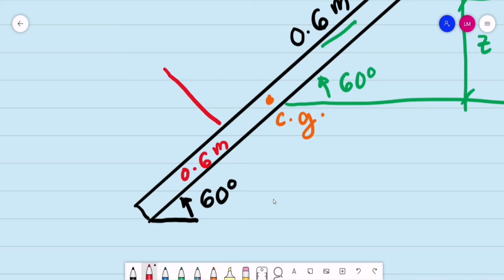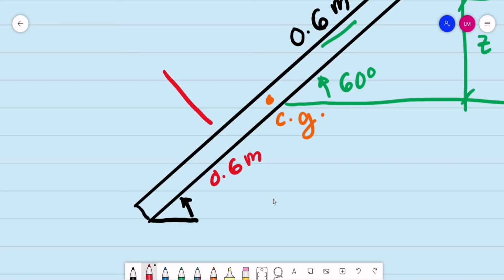Okay, alam natin na yung point of action of the hydrostatic force is on the center of pressure, which is, ang distance niya is the E from the center of gravity.